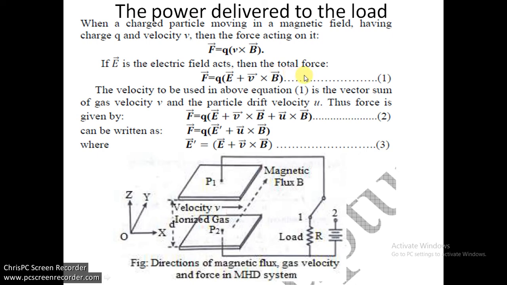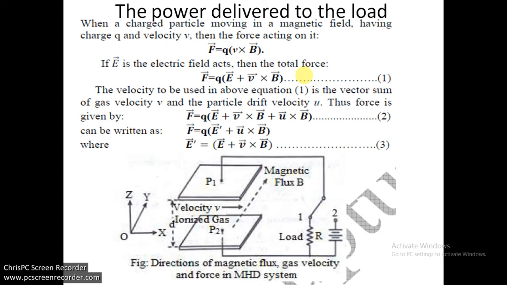Now about the drift velocity, we have already discussed that when the cesium and potassium elements receive some high energy, they get ionized and split into ions and electrons. So ions are attracted towards the cathode and electrons are attracted towards the anode.